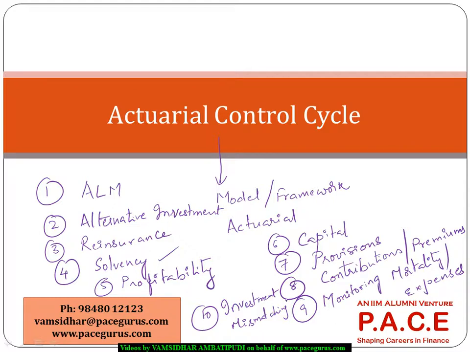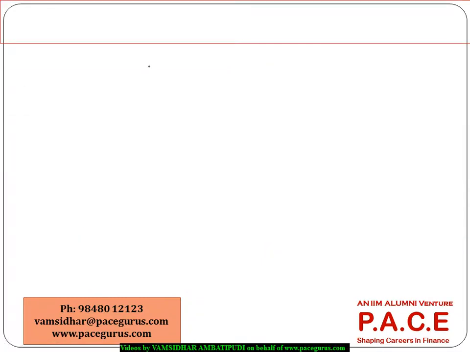control cycle. Of course, just like any other model, it is based on a broad set of assumptions, and depending on the goodness of the assumptions, the overall framework also will go good. So it may not solve all the problems.